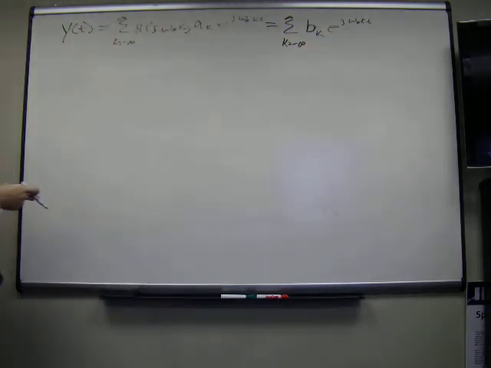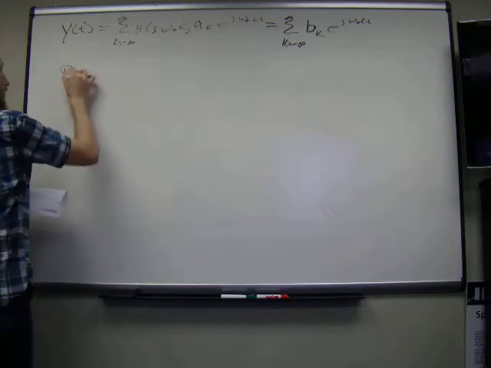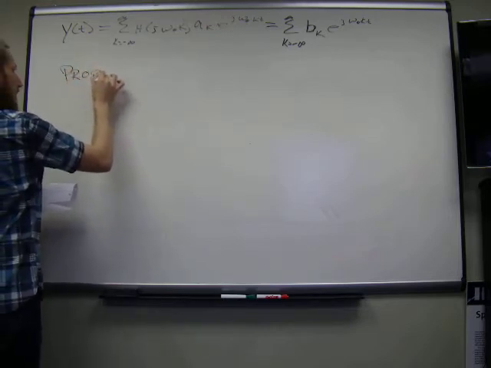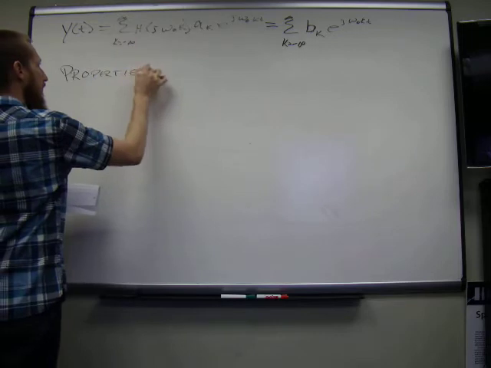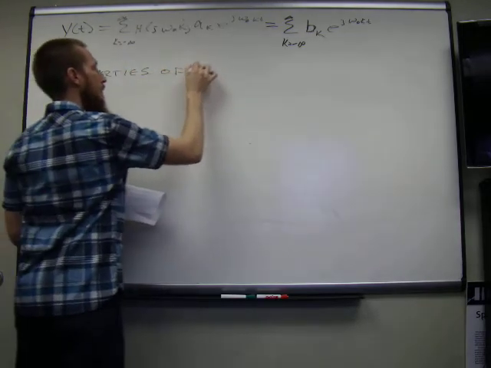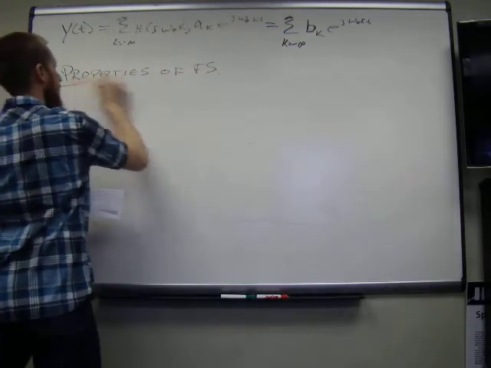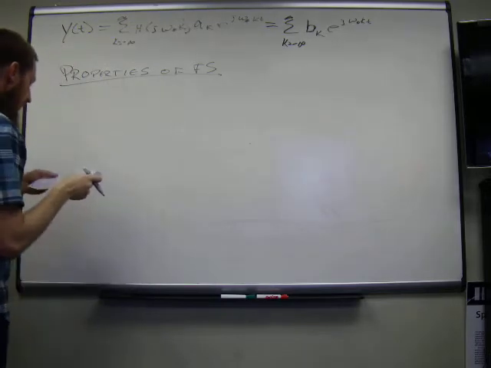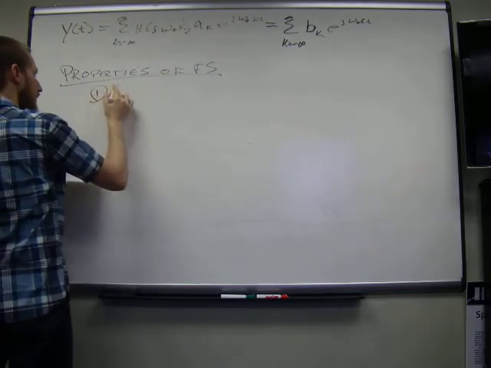So here are some of the properties of the Fourier series. Number one is linearity.